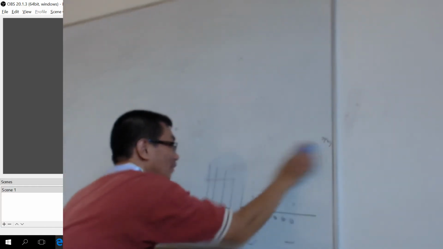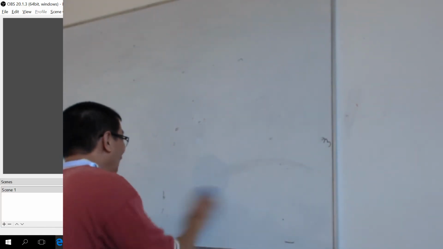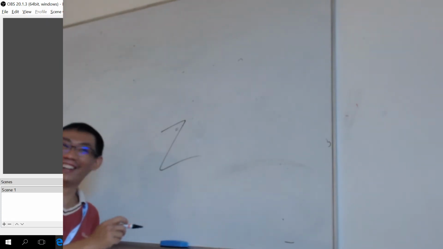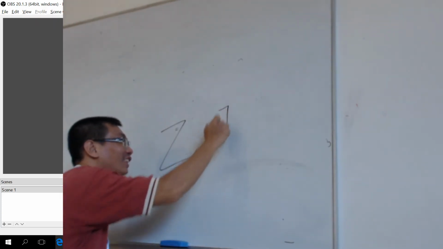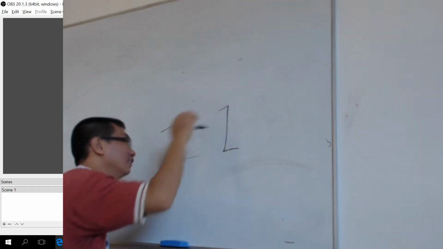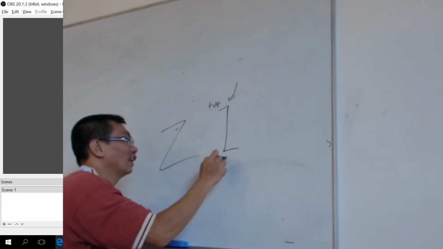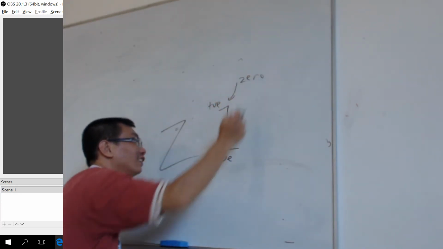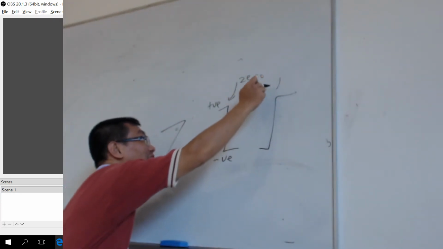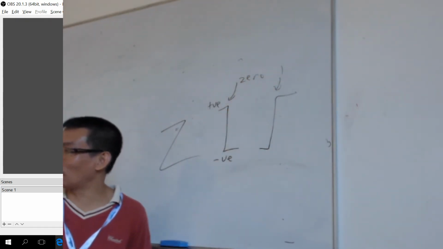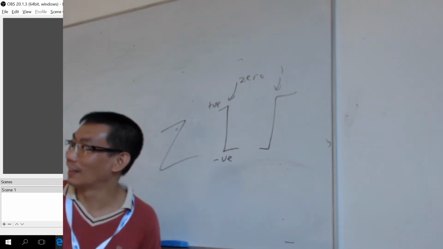From here, you can see, from positive to negative, this is 0. Okay? So this is 1. Alright? Remember, just remember the 0 means 0. Okay? So this is Manchester encoding.